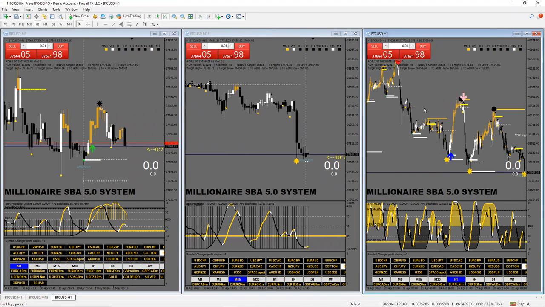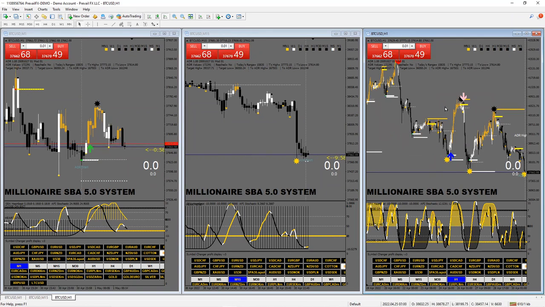Because as you can see here, we've been on a downtrend for a while. We have pullbacks and returns to the sale, but this has been a downtrend since here.